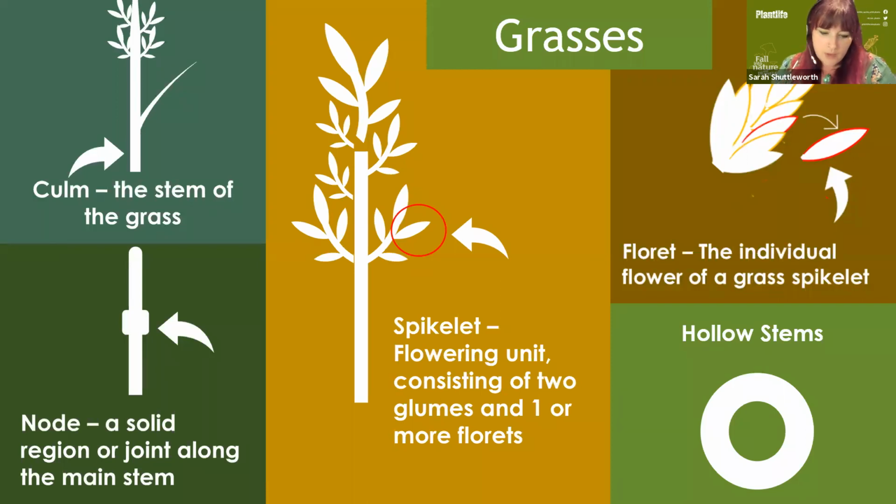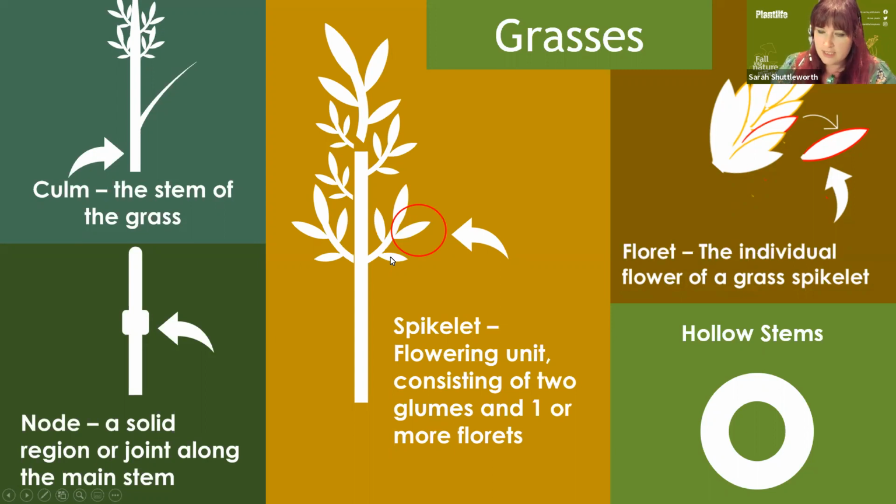So if we look at a little bit more detail about what I was describing, we have the culm, which is the stem of the grass. We then have the little intersections or the nodes or the knees, which is rather affectionately termed sometimes. We then have the inflorescence, which then breaks down into the smaller segments, which are called spikelets, and that describes the entire flowering unit.